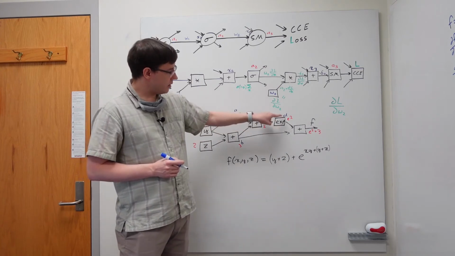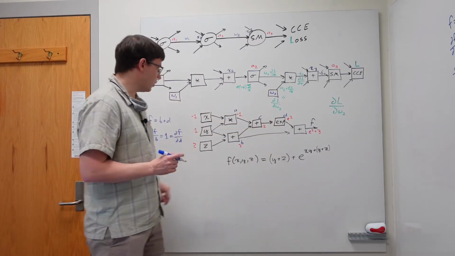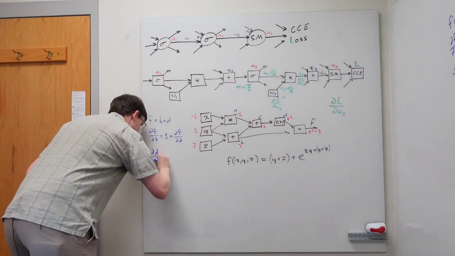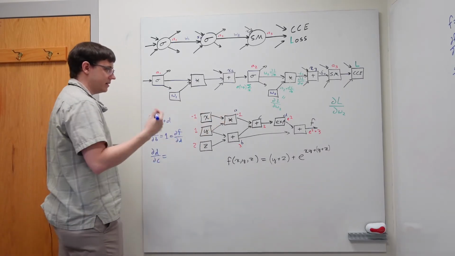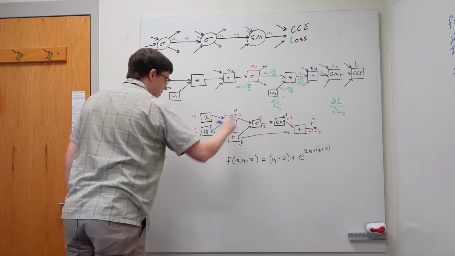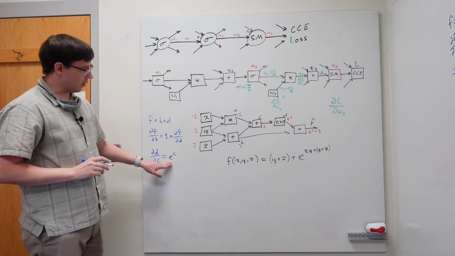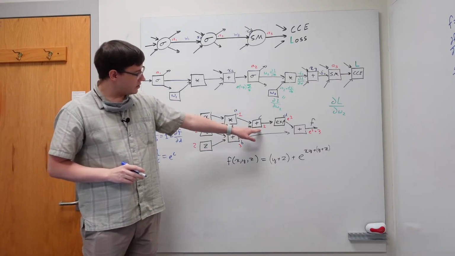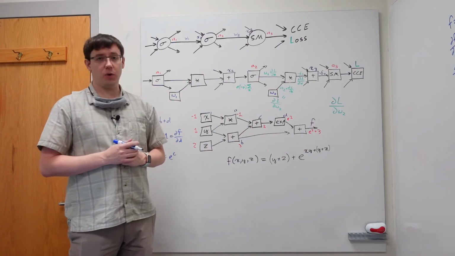So the derivative of node d with respect to its input c is, well, the derivative of e to the x is e to the x. So since this node is computing e to the c, this is e to the c for whatever value of c we had when we propagated the values forward through the network.